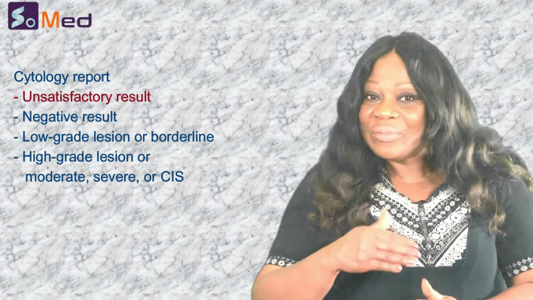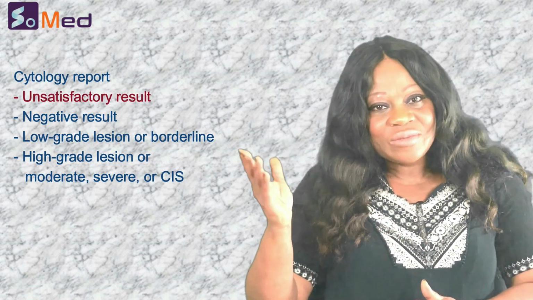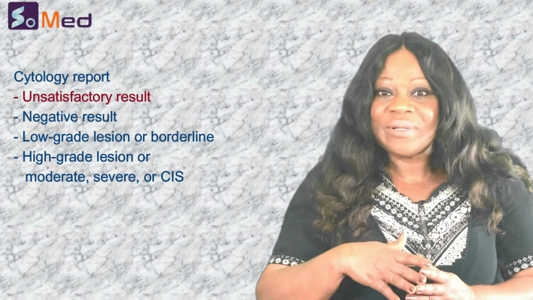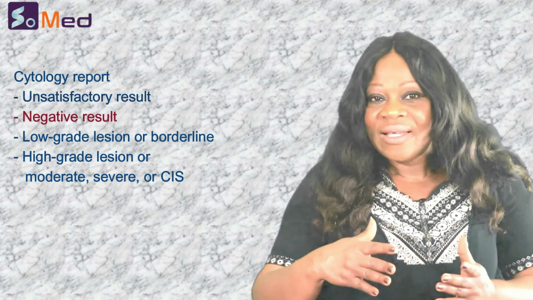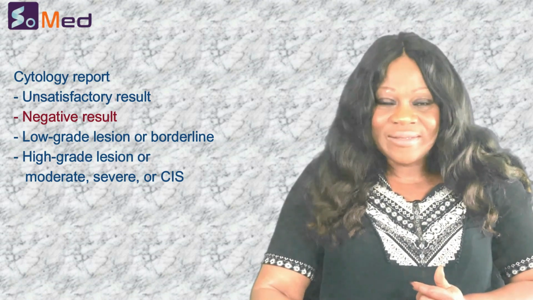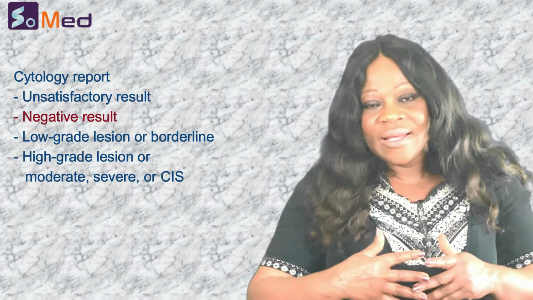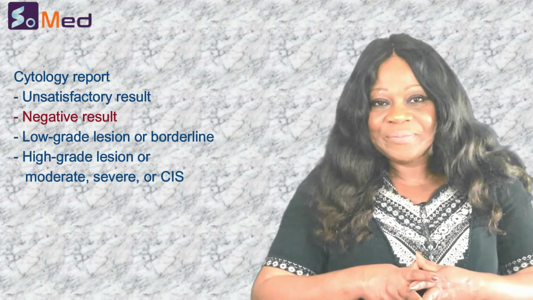The delay before repeating the test is to enable the epithelium scraped earlier to grow back before sampling again. A negative result means no abnormal cells were seen during the test, so the woman needs to repeat the test in 3 or 5 years.